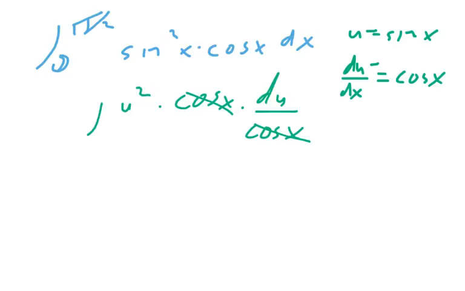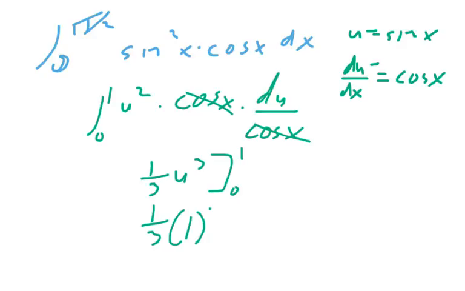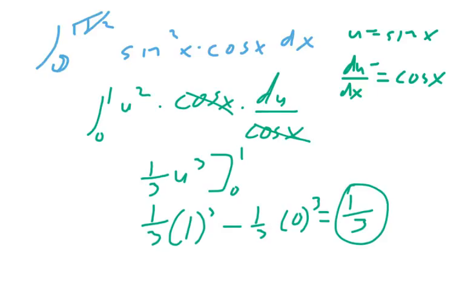Now the sine of 0 is equal to 0, and the sine of pi over 2 is equal to 1. So this is really going from 0 to 1 now. So we got 1/3 u cubed from 0 to 1. 1/3 times 1 cubed minus 1/3 times 0 cubed gives us an answer of 1/3. And that is it for this particular review.